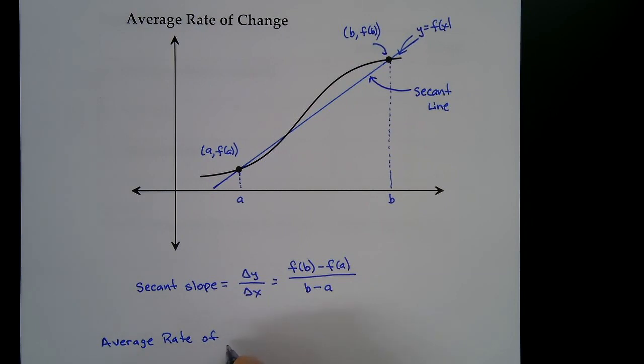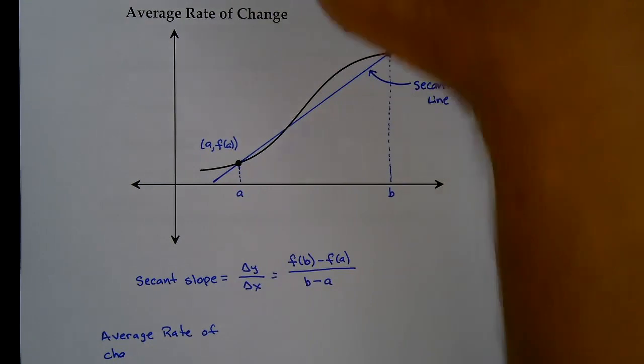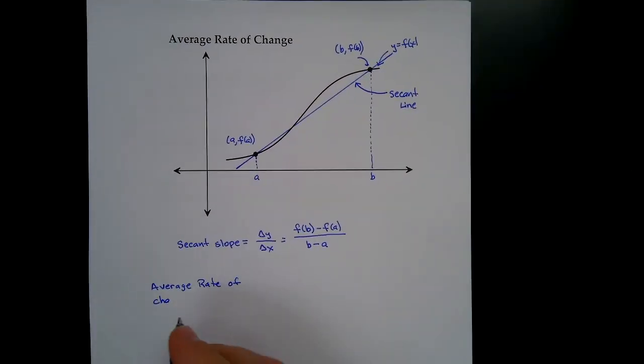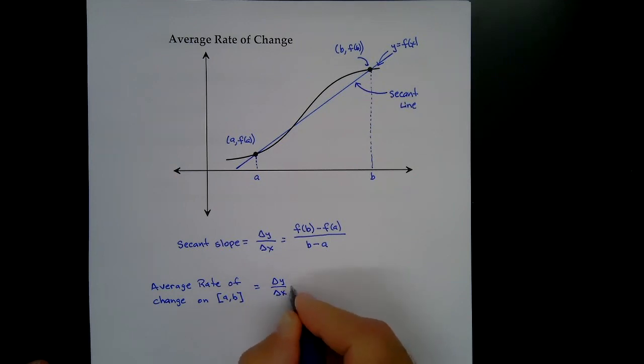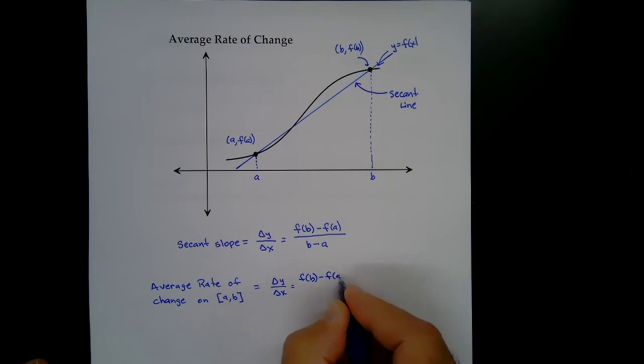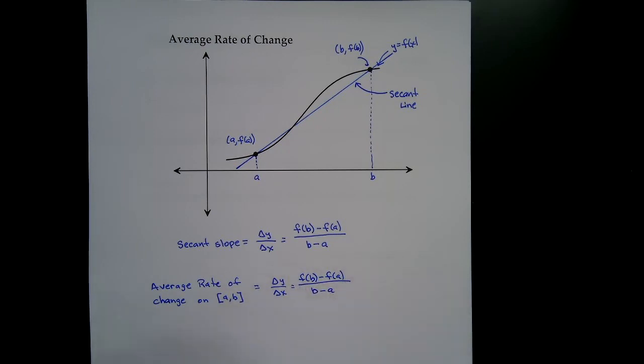I need to zoom out a little bit more. Okay, there we go. Sorry about that. So the average rate of change on an interval, and this interval is going to be a closed interval, a to b, is equal to the change in y over the change in x, which would be f of b minus f of a all over b minus a.